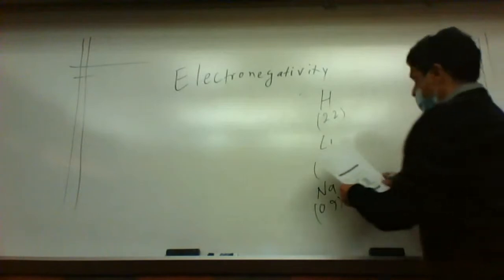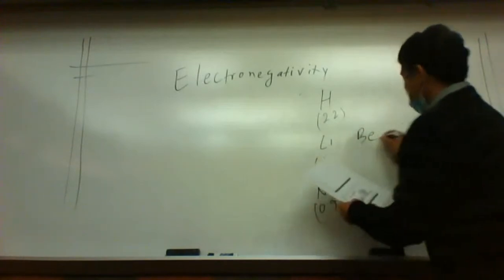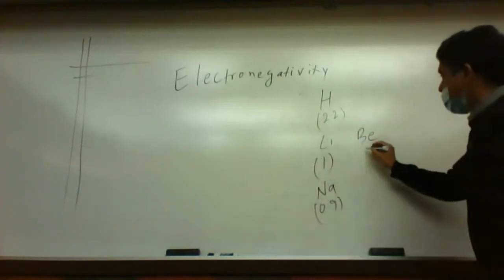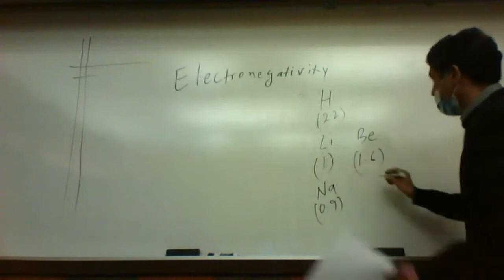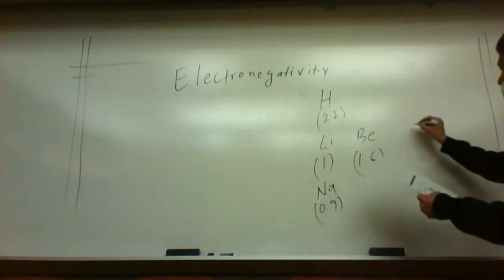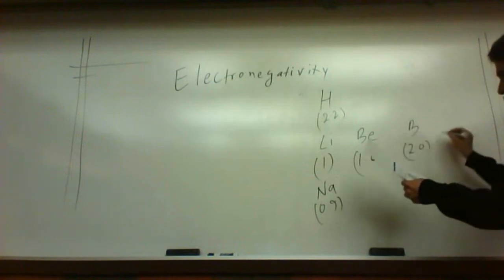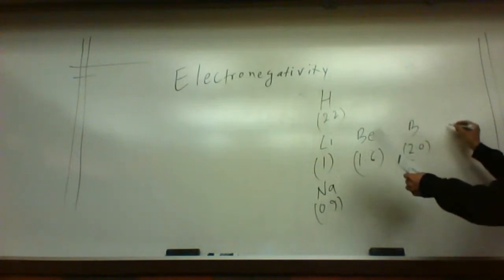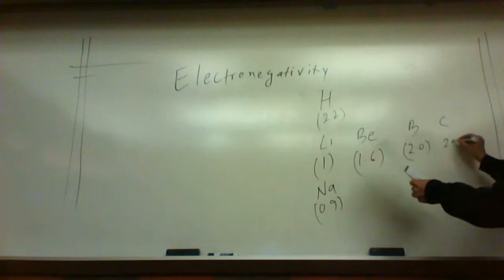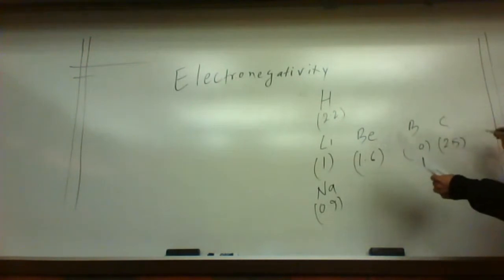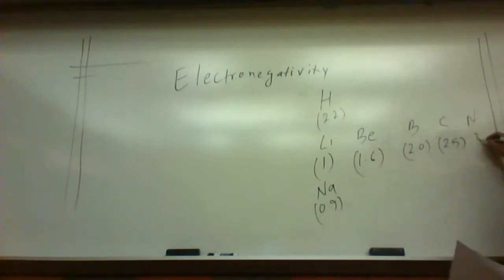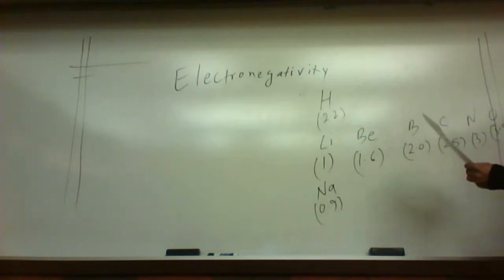And go this way. Beryllium has 1.6, and look, boron is 2.0. Carbon is 2.5, nitrogen 3, oxygen is 3.5, and fluorine is 4.